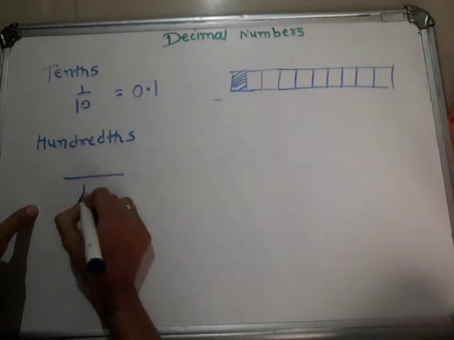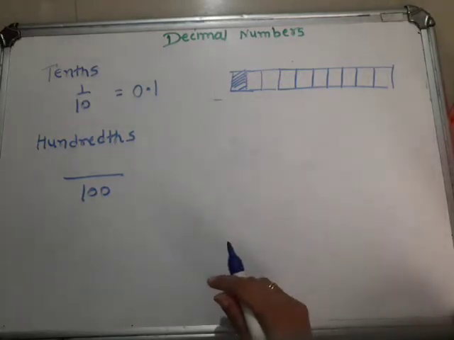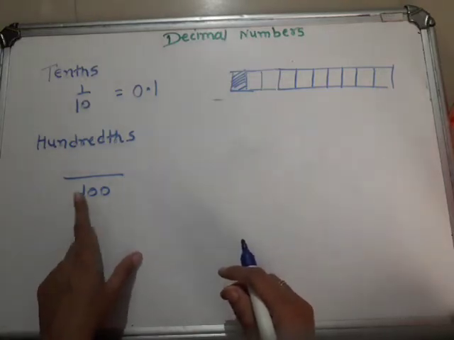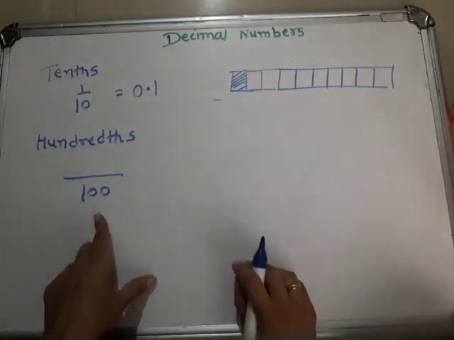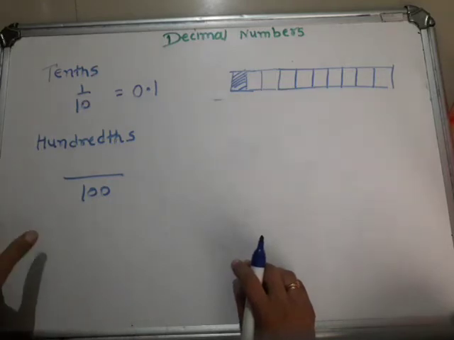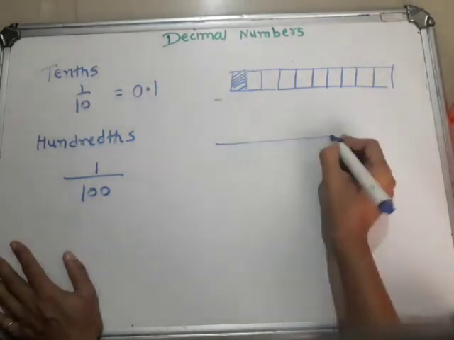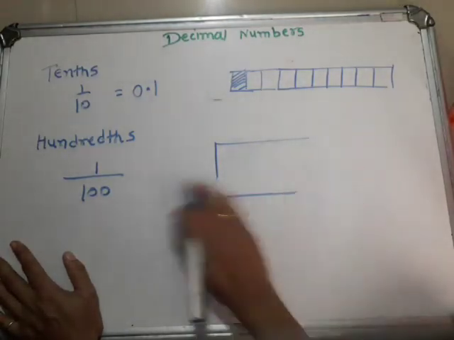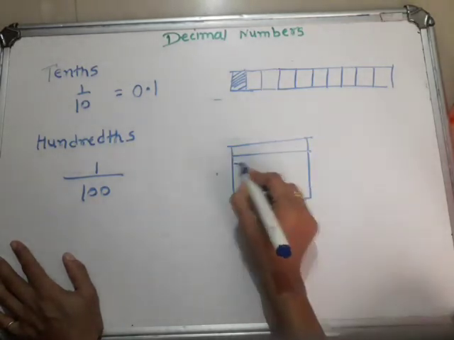when one whole is divided into 1/10, and 1/10 is further divided into 10 equal parts, each part is called 1/100. Okay, so here suppose we write this as a square with total boxes.